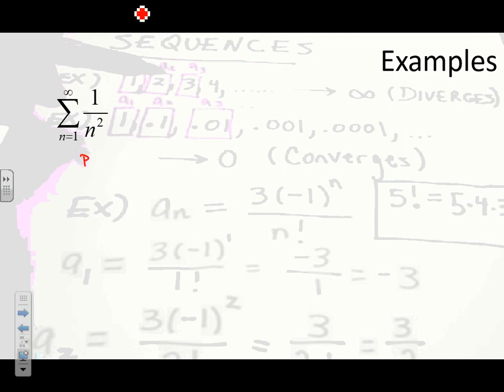So identify it as a p-series, and then say p is greater than 1, which means it converges. However you want to do that, whatever notation you want to use, you want to identify it as a p-series, compare p to 1, and then say converges or diverges. Okay? So this one would converge.